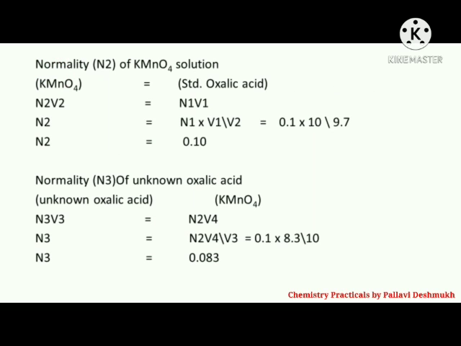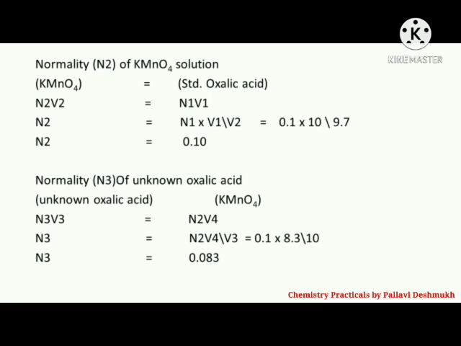By knowing the normality of oxalic acid solution, the normality of KMnO4 solution can be calculated, which is found to be 0.1 normal. And the normality of unknown oxalic acid solution can be calculated by using the calculated normality of KMnO4 solution, which is found to be 0.083 normal.